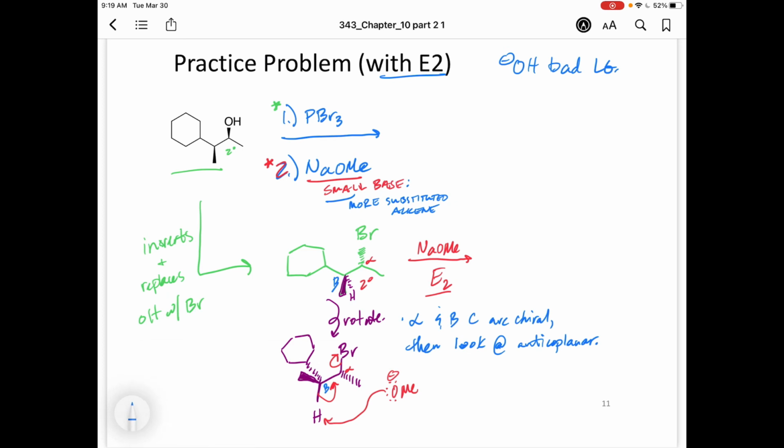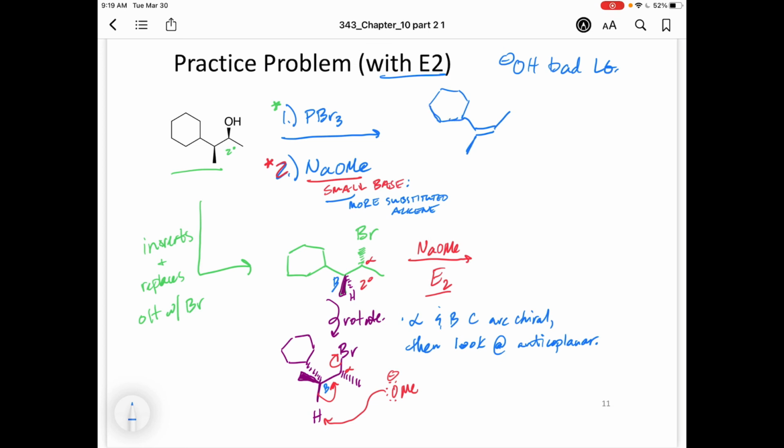So let's draw in our product here. So we have our alkene, okay, and then we have our methyl and our cyclohexane on the same side. This one also has a methyl.